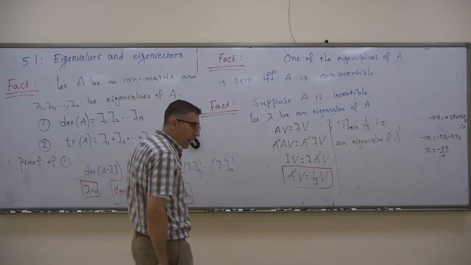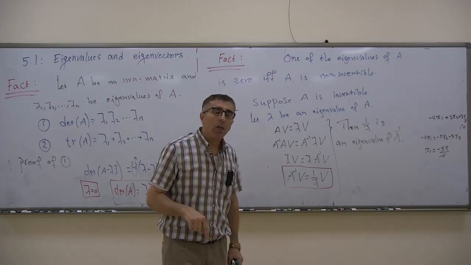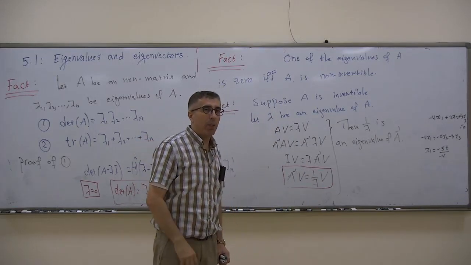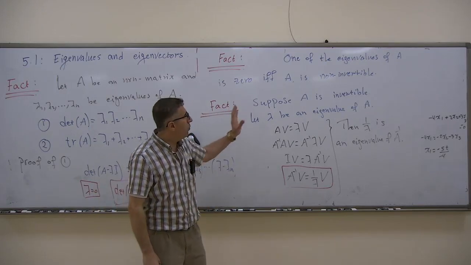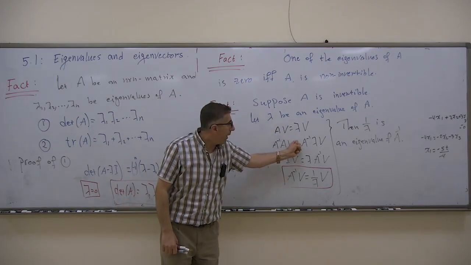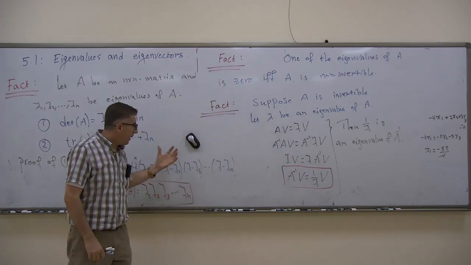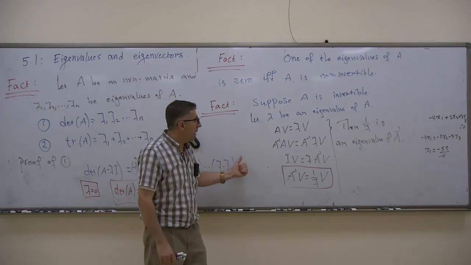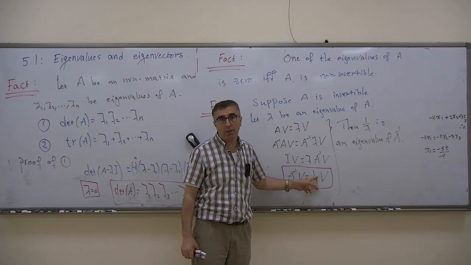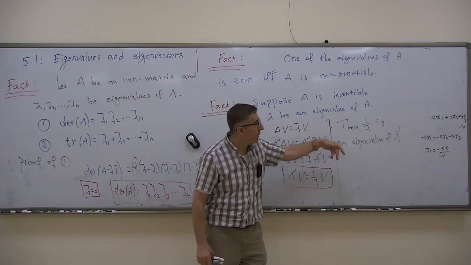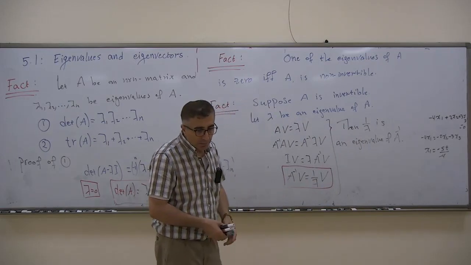We give you a matrix and we ask you to find the eigenvalues of A inverse. In this case, you don't need to find A inverse. All you need is to find the eigenvalues of A. Okay? And if none of them is 0, then your matrix is invertible, and in that case, the eigenvalues of A inverse are going to be the reciprocals of the eigenvalues of A. So that's a very easy fact, but it can help you to address certain questions. Okay?